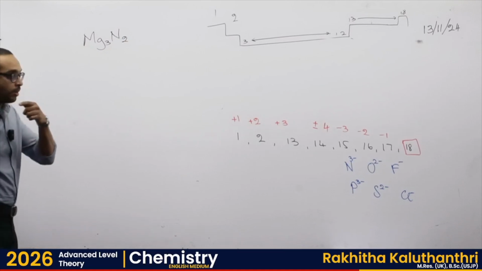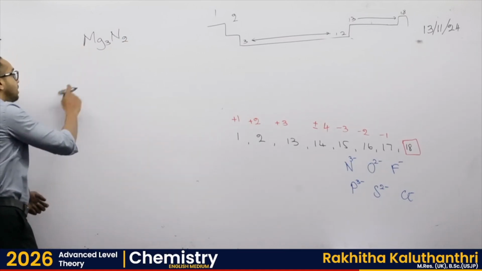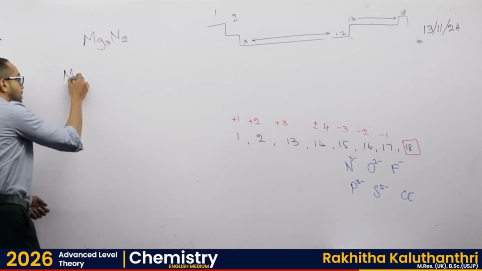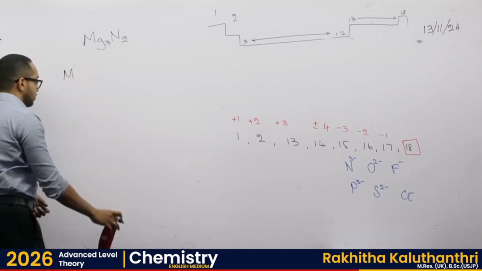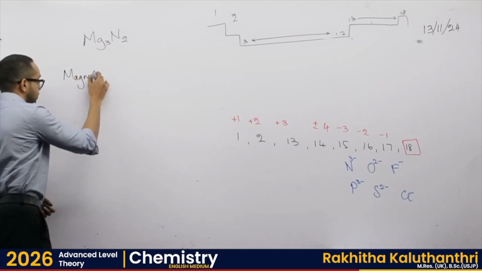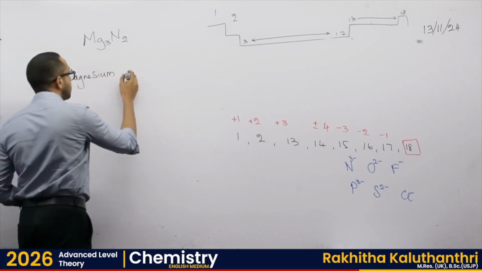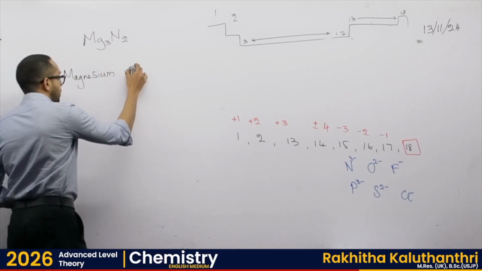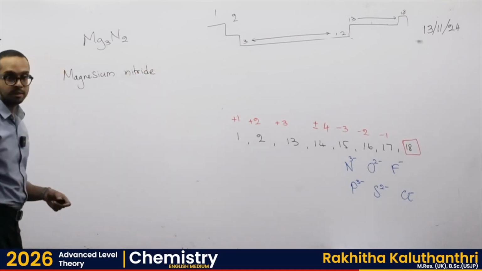We write the positively charged cation's name first. What is the name of the cation? Magnesium. What is the name of the anion? Nitride. Is that clear?